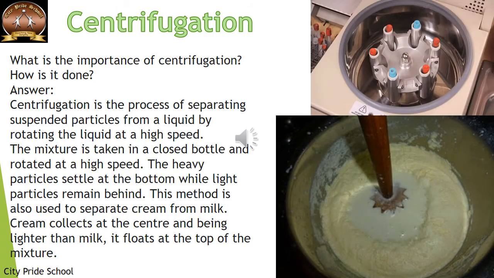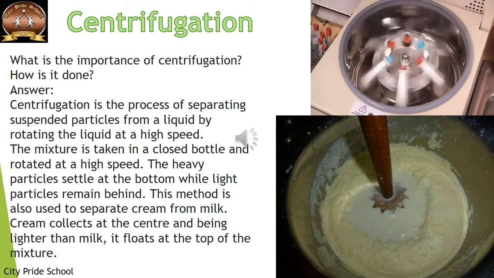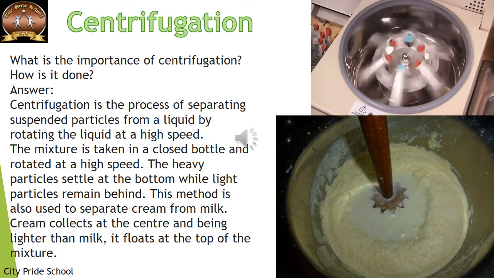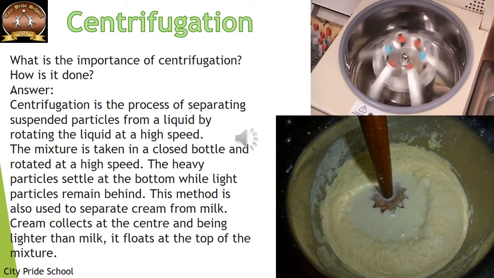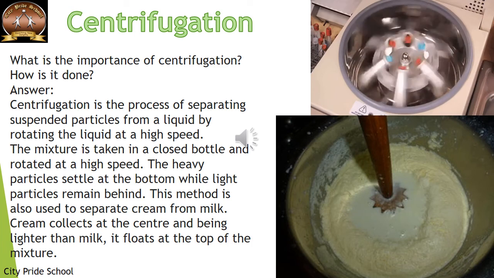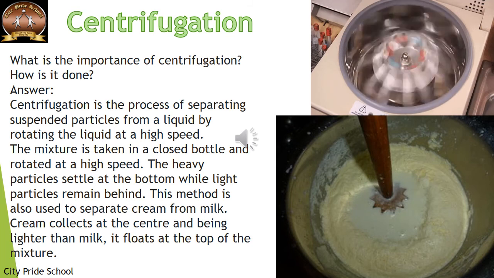So the next process is centrifugation. Now, centrifugation is a process generally used for those mixtures which are colloids. Colloids meaning the solutes that are present in the mixture are present in suspended state. The size is not too big that they are going to settle down. Okay.